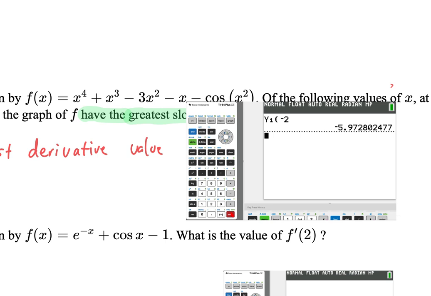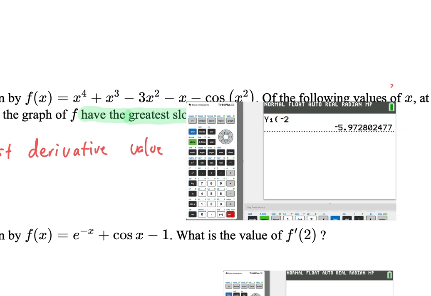So that's us plugging in. When you do y1 with parentheses and a number, that's like f of that number. That plugs the number into y1, which we know is the derivative of f, so this number is the slope of the tangent line of f when x equals -2.